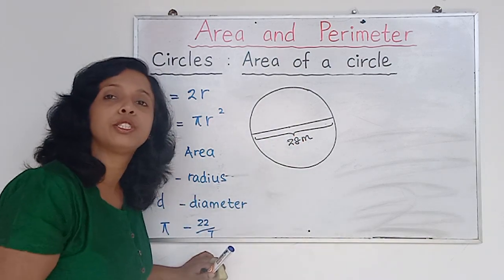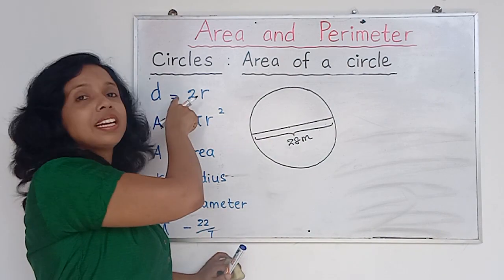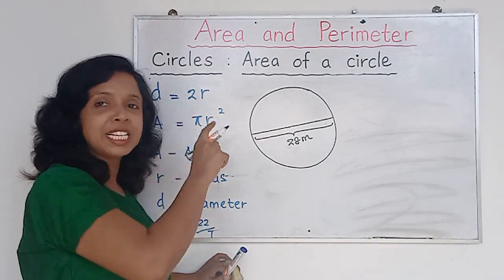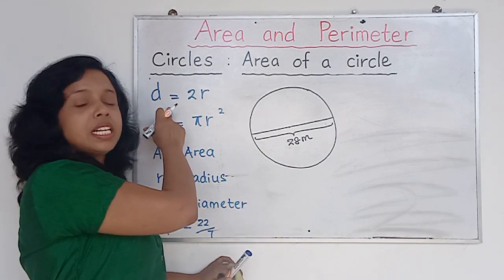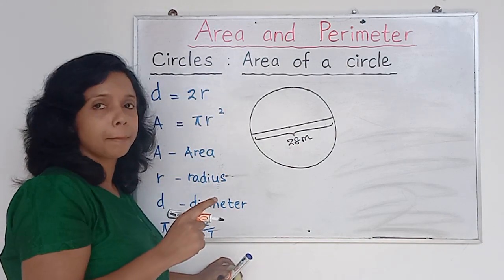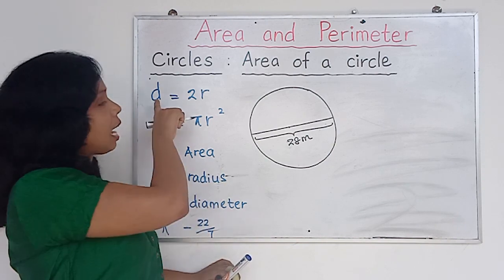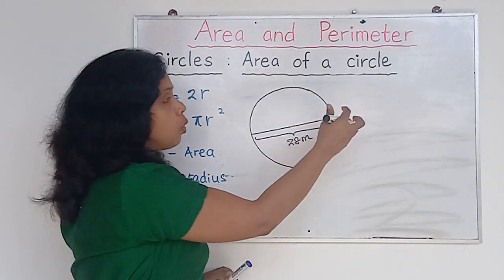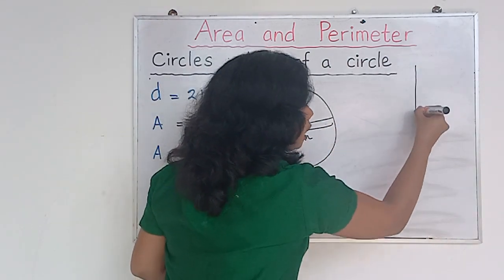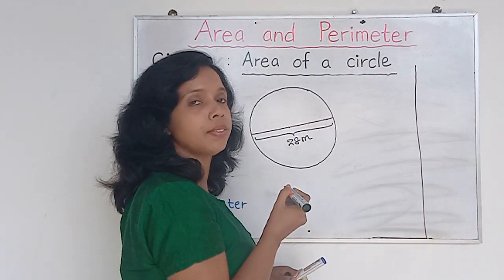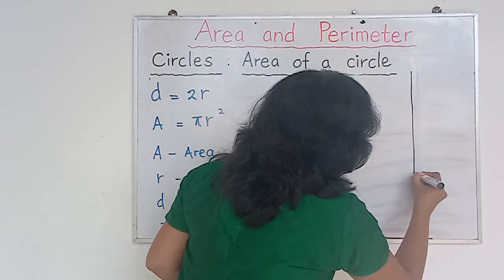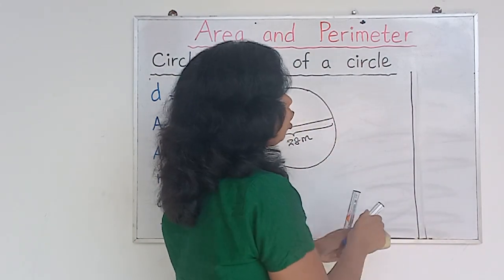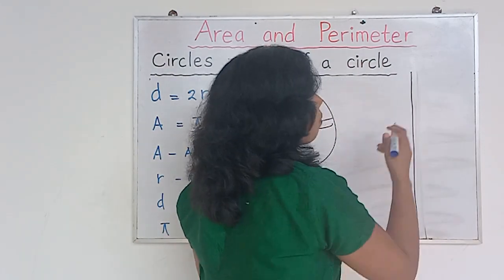Then what are we going to do? That is what I mentioned, the relationship between diameter and radius. You know diameter equals 2 times r. Right? Then what happened? Diameter they have given. So you can have a separate working column, and in the working column, you can find the r value.